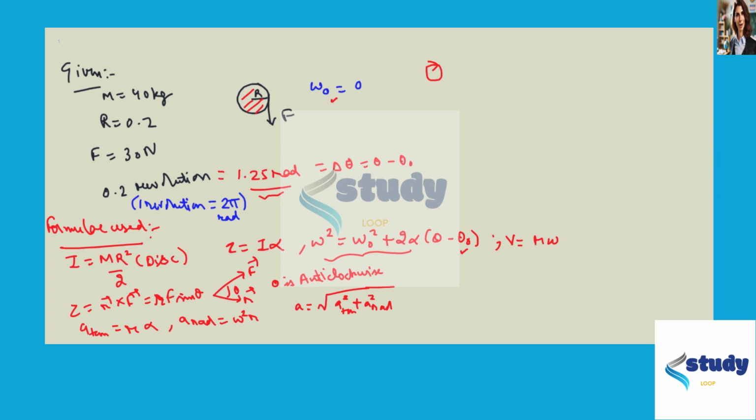We need to find the angular velocity finally after the torque due to this force, which we can find using r cross f. R cross f is equal to rf sine theta, where theta is the angle between r and f measured anti-clockwise.